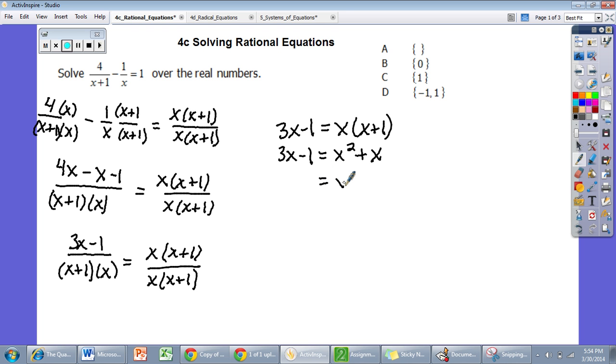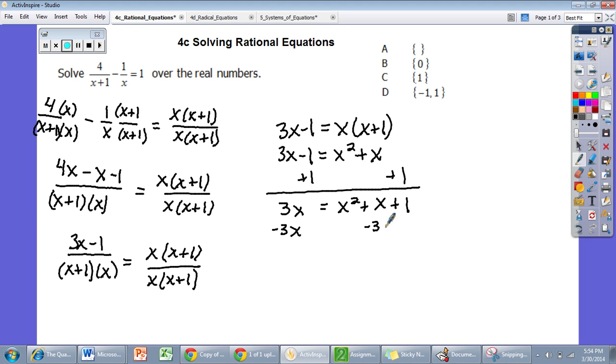So I'm going to add 1 to both sides, so x squared plus x plus 1, and then I'm going to subtract my 3x from both sides.